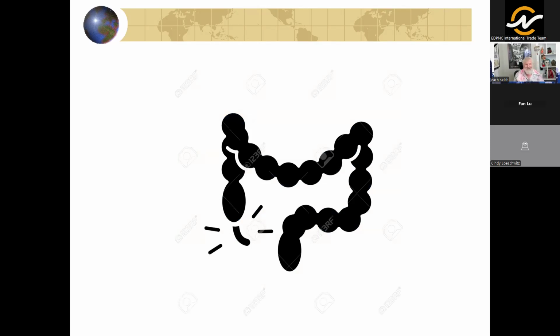Okay, this is an appendix. I put this in because all these things that I'm talking about should go into the appendix of the agreement.